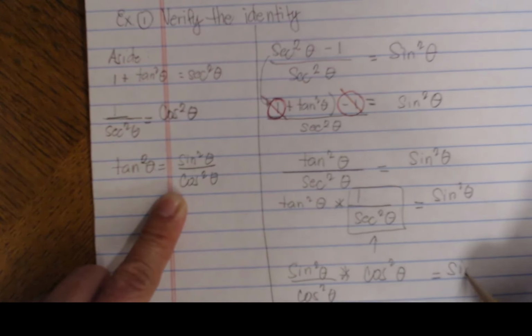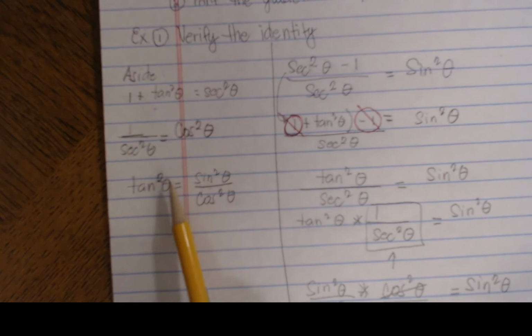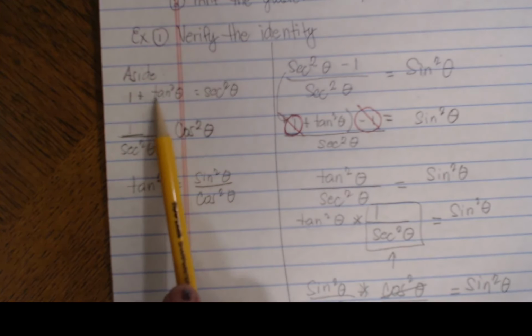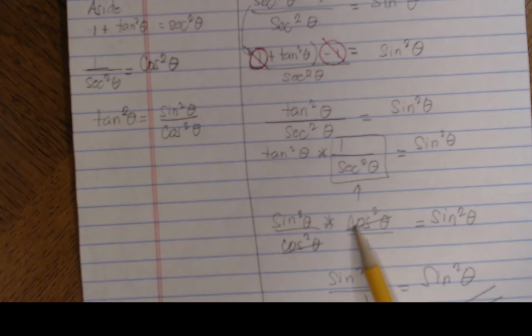So thus you were able to prove or verify that secant squared theta minus 1 over secant squared theta is equal to sine squared theta by applying fundamental identities such as the Pythagorean identity, reciprocal identity, and quotient identity, and of course, multiplication of fractions.